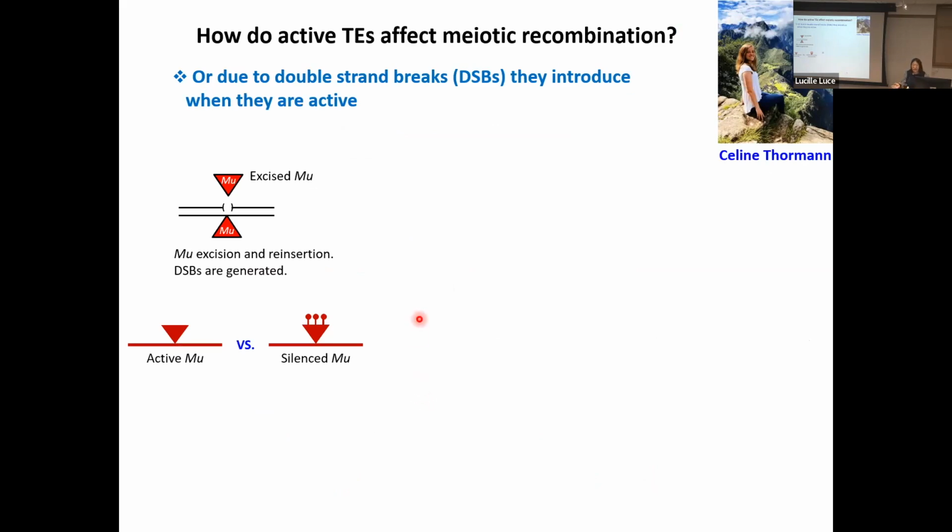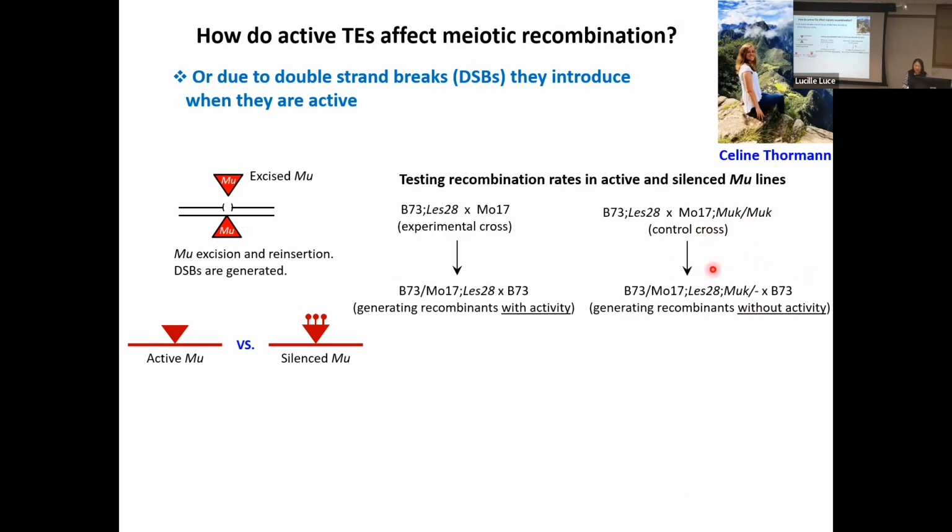To test how active transposons affect meiotic recombination, we have an active mutator line in maize. We also have another, silenced population. In Damon's lab, he has Mu killer. When this Mu transposon is active, we can easily silence it by introducing Mu killer into that line. So then we have an active transposon population and a silenced population.